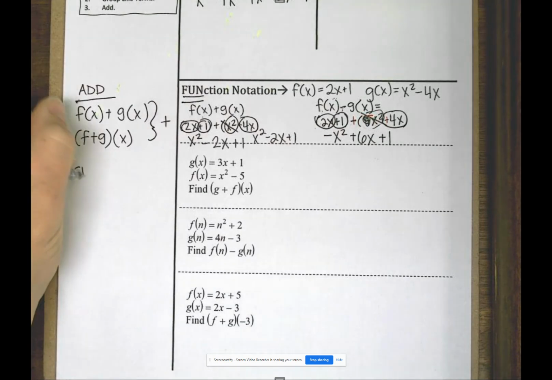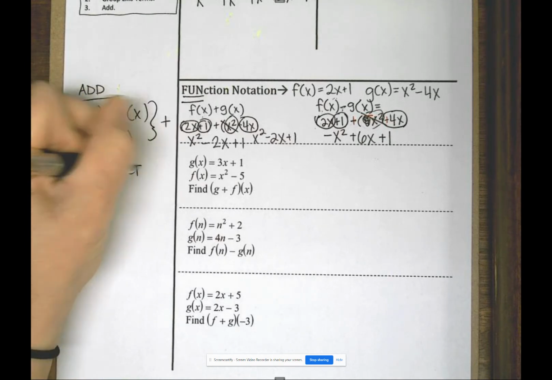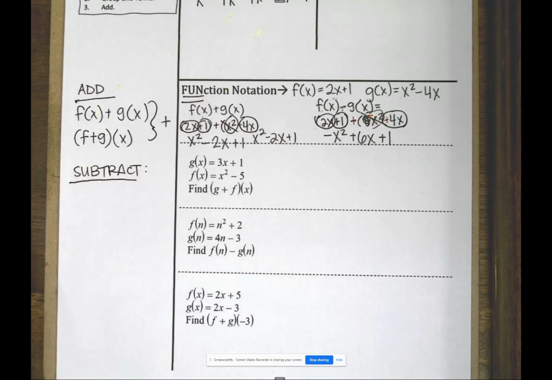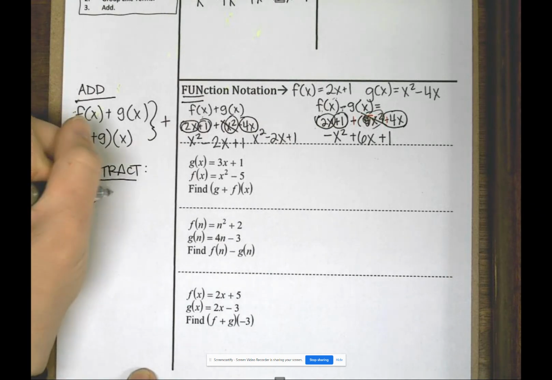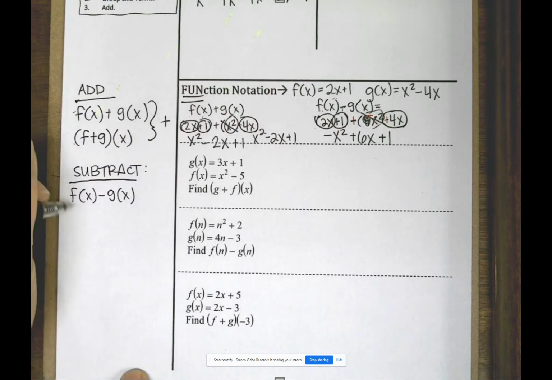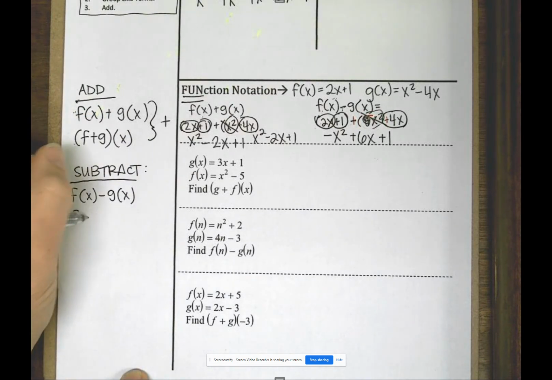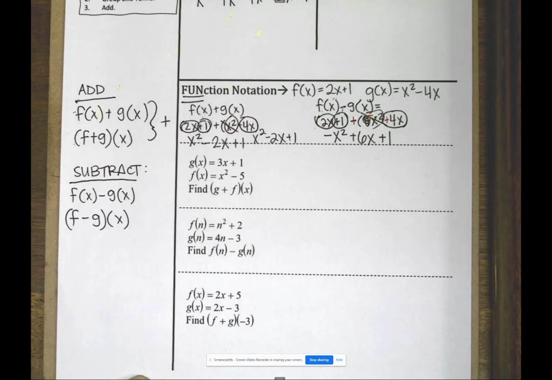In the same sense, you're going to be subtracting, and your notation might look the same way. It might look like f of x minus the function g of x, but it might also look like f minus g and then x on the outside. Both notations are going to be presented to you. Make sure that you're comfortable with both.